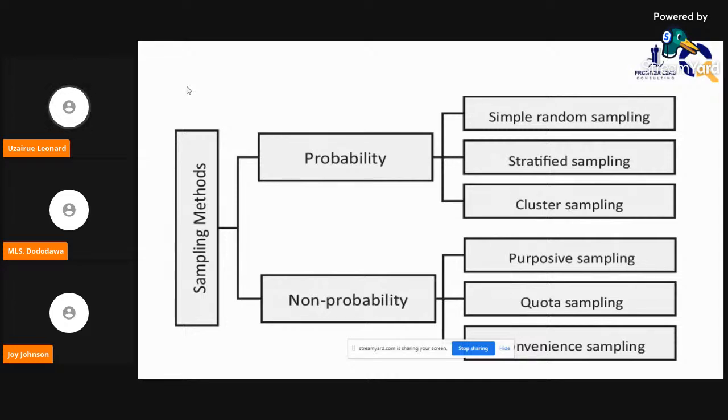Non-probability sampling techniques are often used in exploratory and also qualitative research. In exploratory research, where you have something to explore, you are not really concerned about sample size or the sample collection method, so it is allowed for you to use it.